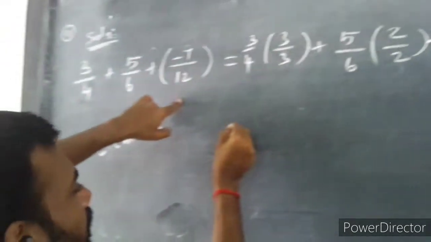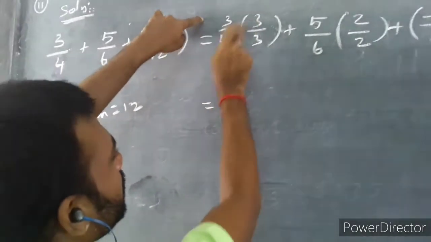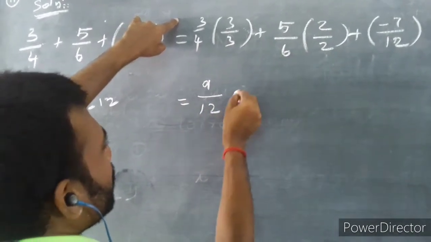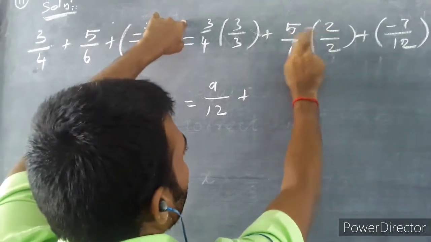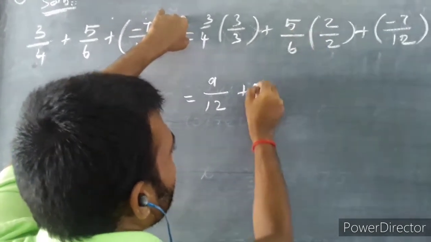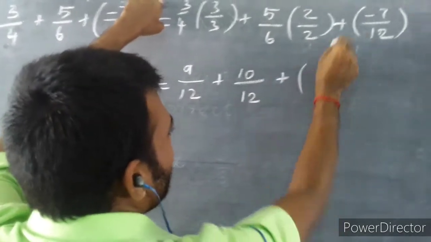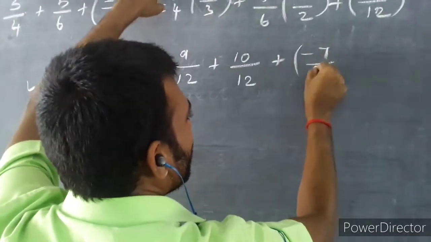Next, it is equal to 3 into 3, which is 9, so 9 by 4 into 3, which is 12. Next plus 5 into 2, which is 10, by 6 into 2, which is 12. So plus, next one, minus 7 by 12.